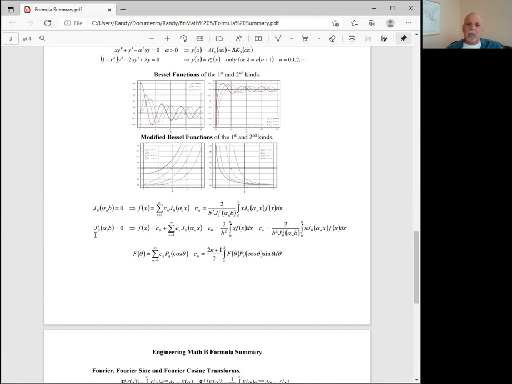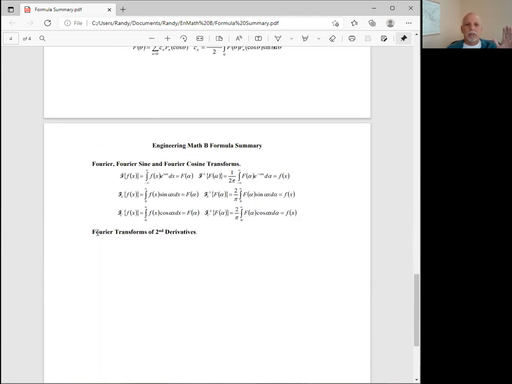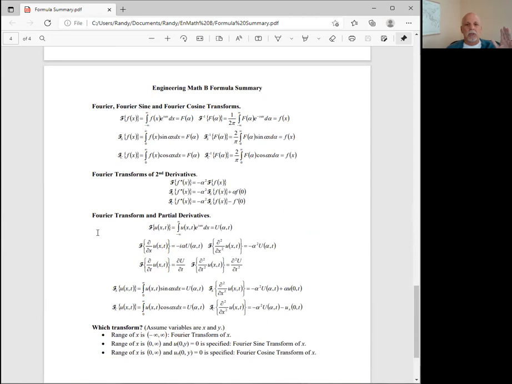And if this is your eigenvalue generating relationship, this is your Fourier-Bessel series in that case. Here's a special Fourier-Legendre orthogonal expansion. We haven't got to these yet in the course. These here, we're going to get to them shortly. Anyway, here it is all in one place.